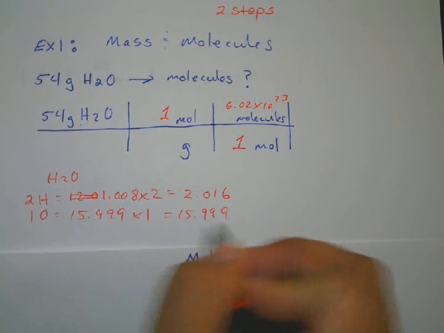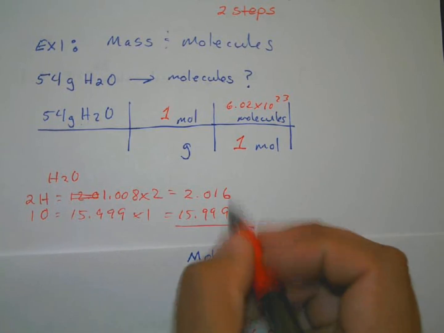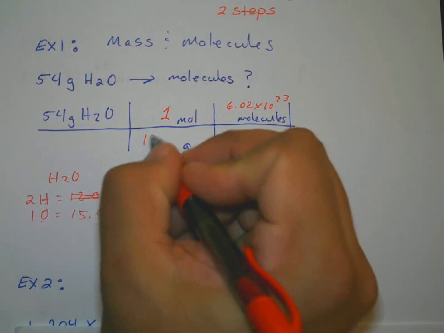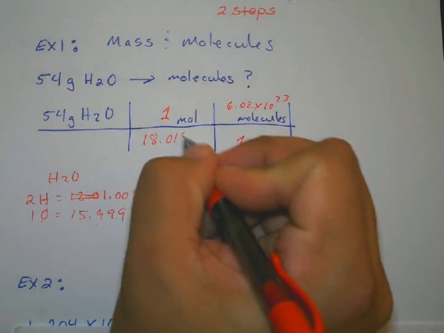After doing the math, I got the mass of 2 hydrogens and the mass of 1 oxygen, and you add them together and you get the GFM, the molar mass, of 18.015. So here's where I plug in, 18.015.